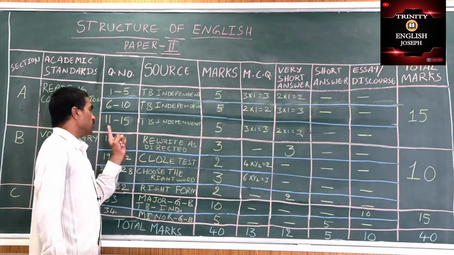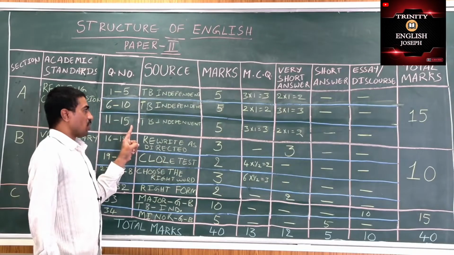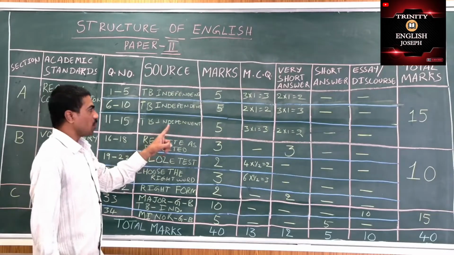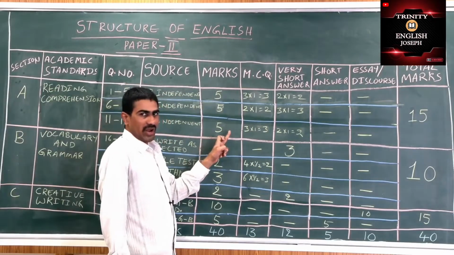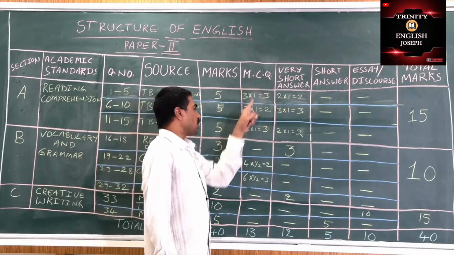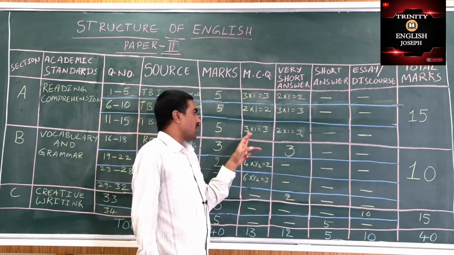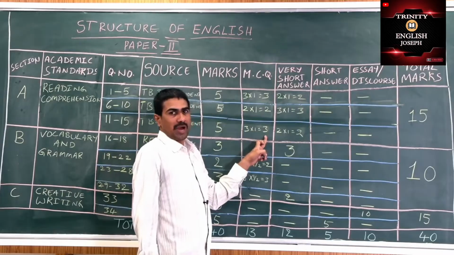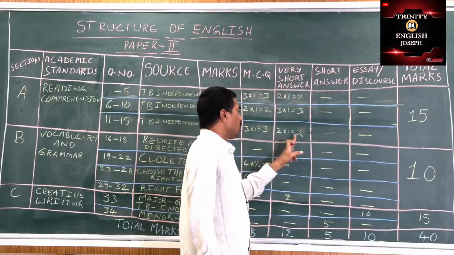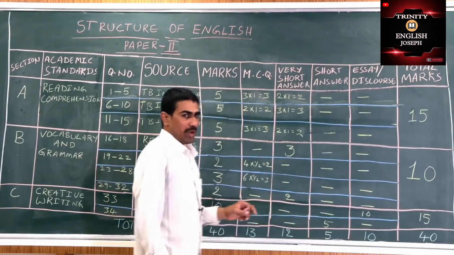And questions 11 to 15 also cover textbook independent, nothing from the textbook, and 5 marks are allotted to this passage also. Here 3 multiple choice questions are given, 3 into 1 is equal to 3 marks, and we have very short answer questions, 2 into 1 is equal to 2 marks.